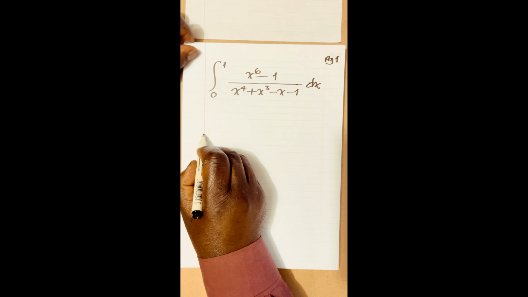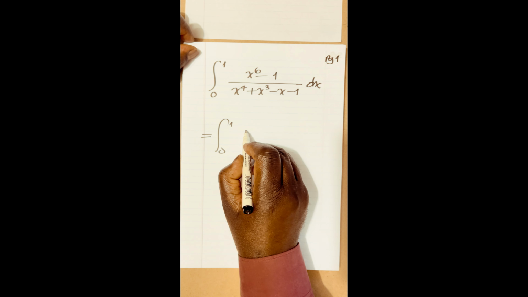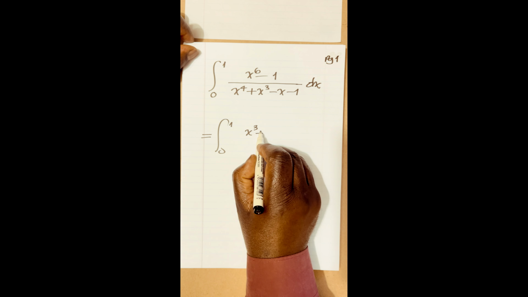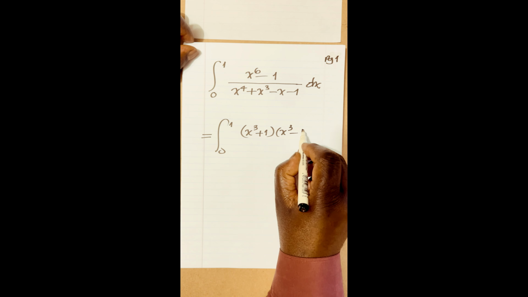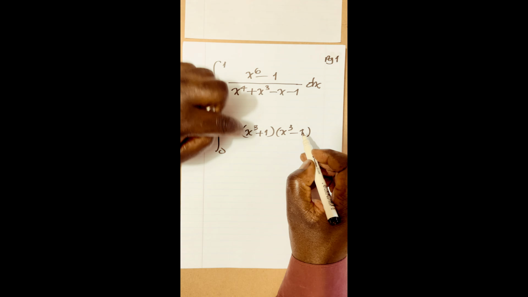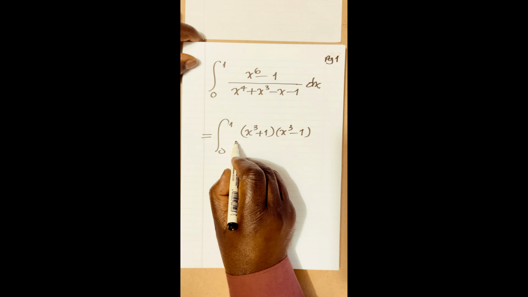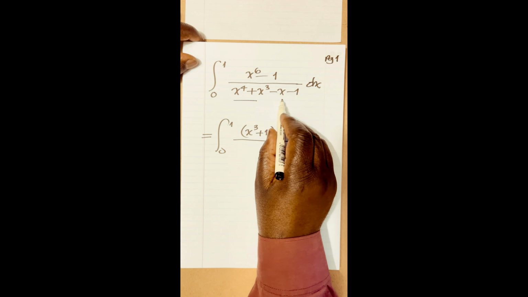What I was saying is this is the same as the integral from 0 up to 1 of, remember, difference of 2 squares, (x to the power 3 plus 1) and then (x to the power 3 minus 1). Remember, the square root of x power 6 is x power 3 and the square root of 1 is 1. In the denominator, we have a common factor here and there.